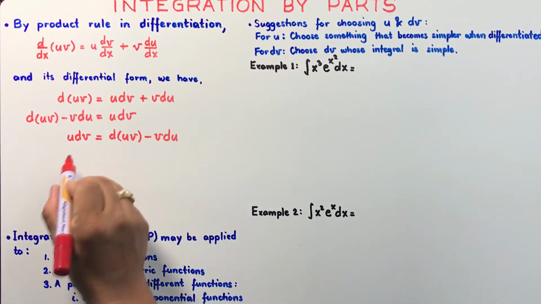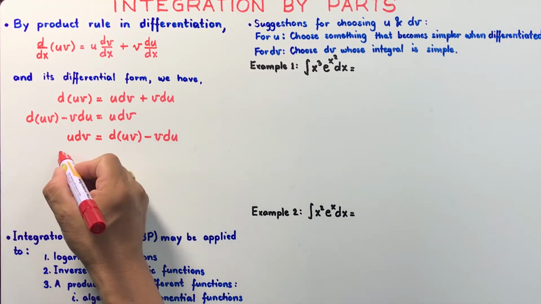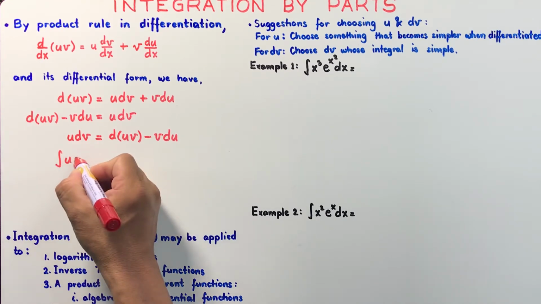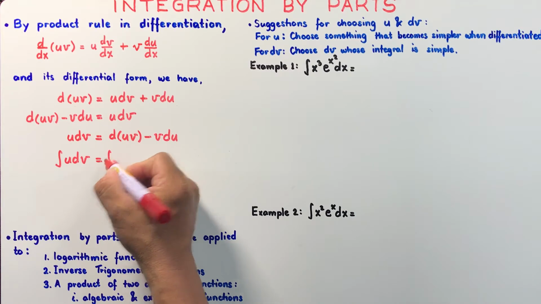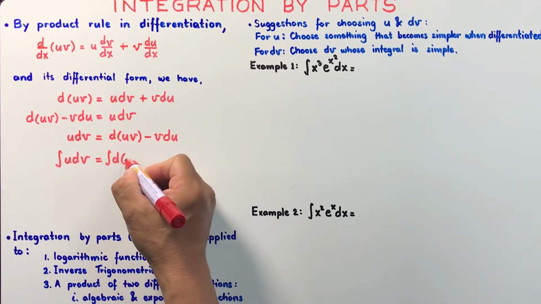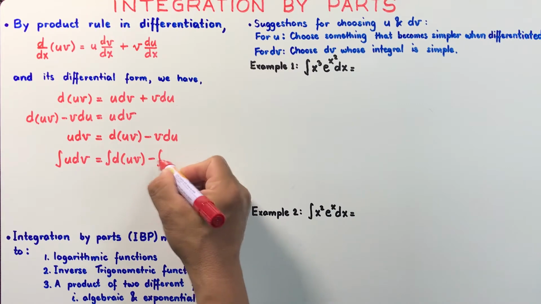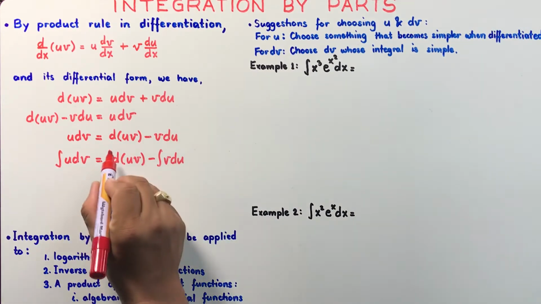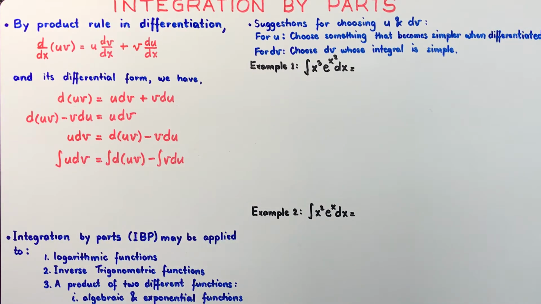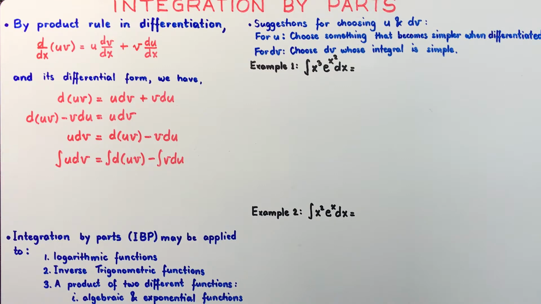And because this is an equation, we can integrate both sides of the equation. So we have the integral of u dv, which is equal to the integral of the differential of uv minus the integral of v du, because the integral of a difference is a difference of its individual integrals.